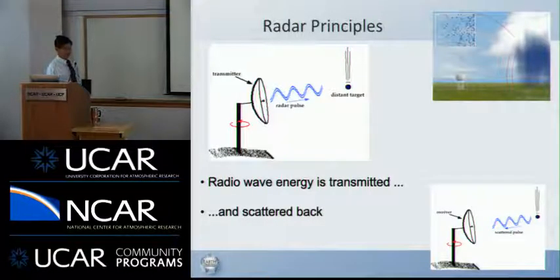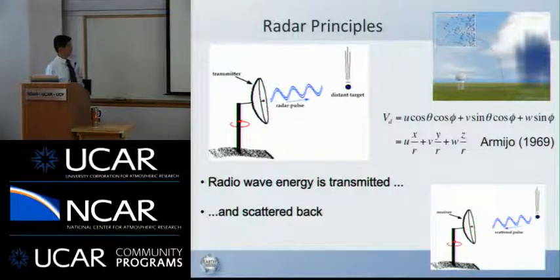So first, I don't need to tell everybody about Doppler radars. All of our Doppler radar analysis is pretty much based on this equation. Doppler velocity is a projection of u, v, w. This w can include the terminal fall speed, and theta is the azimuth angle, phi is the elevation angle.